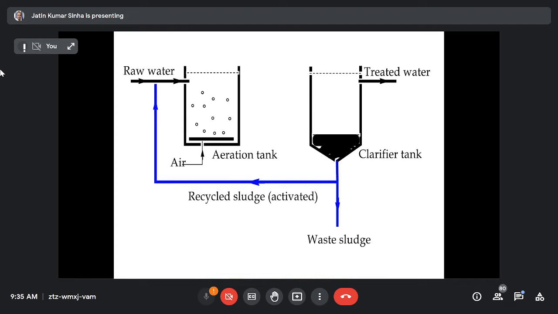The rest of the treated water will overflow, and then it will go for further or final treatment. And this waste sludge you can also recycle and feed to the beginning of the process. It can act as activated sludge for the first process.